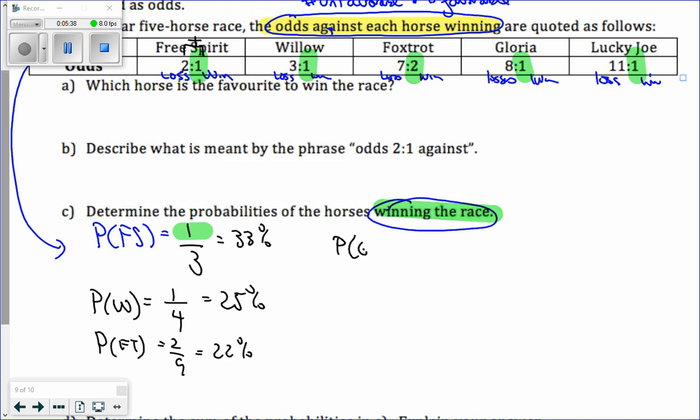Gloria is 1 out of 9, which is about an 11% chance. And Lucky Joe is 1 out of 12, which is not a clue. Not very high. It's 8%.